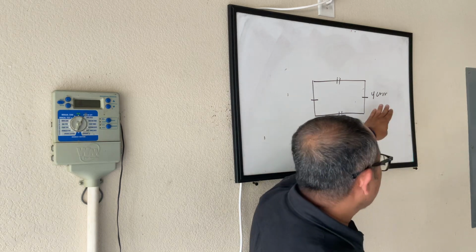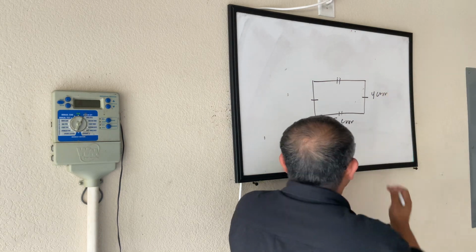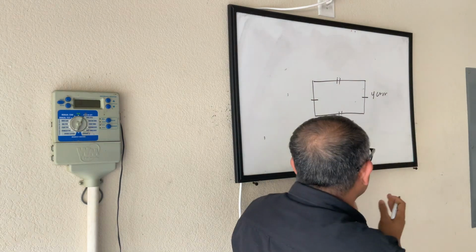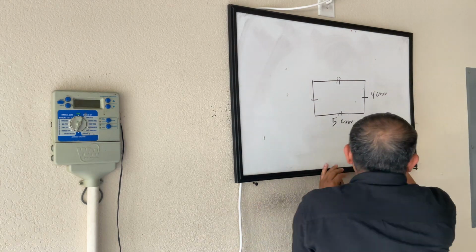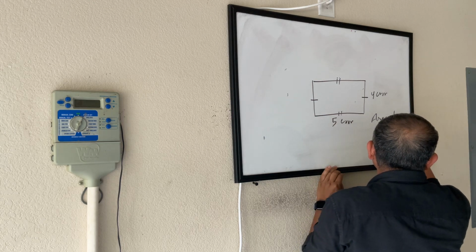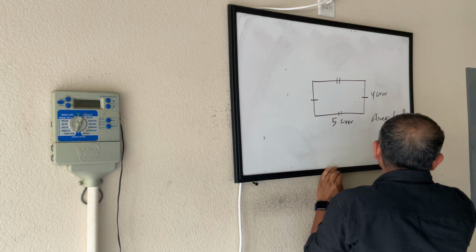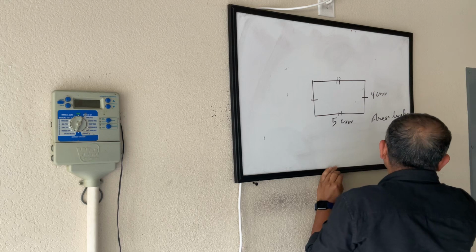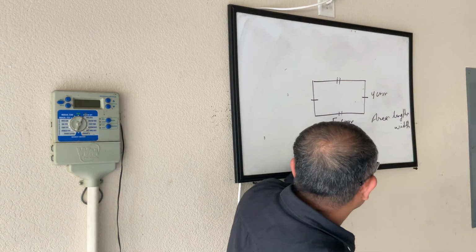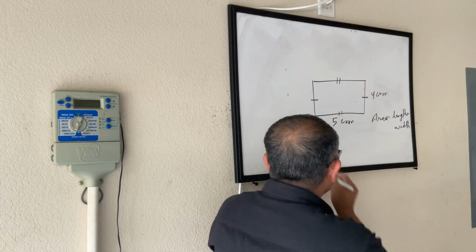Okay, so now coming back to this one. As I said, area means the space that a shape needs. And area of a rectangle is length times width. So here, this is my rectangle, and this is my length and this is my width. So what will be my area?